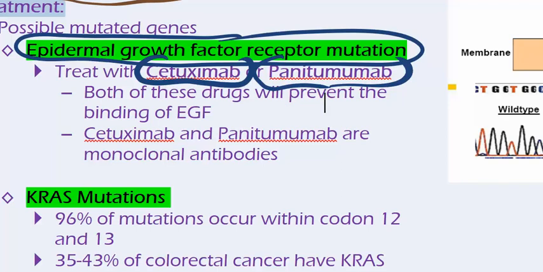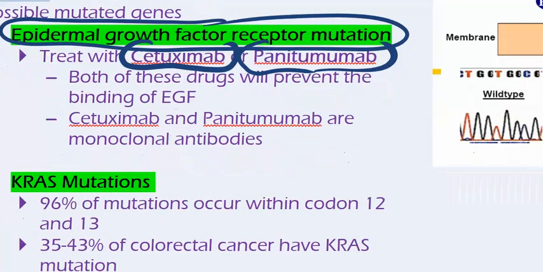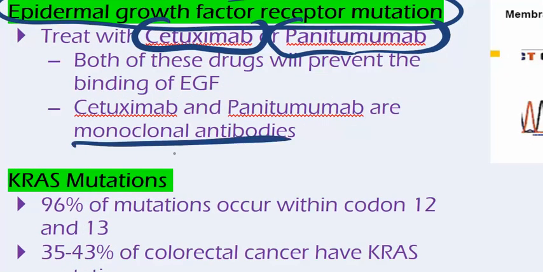Okay, so it's acting on the epidermal growth factor receptor. These drugs are acting as monoclonal antibodies, so antibodies are binding onto your proteins. That receptor is a protein, and that drug is acting as an antibody binding onto the receptor, preventing the ligand from coming in.